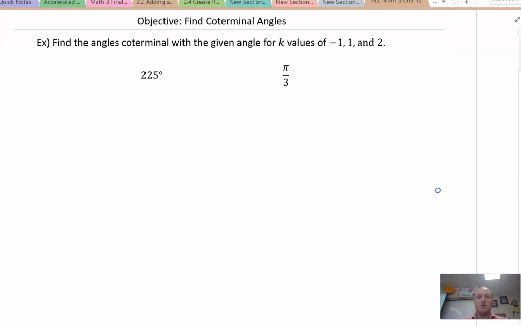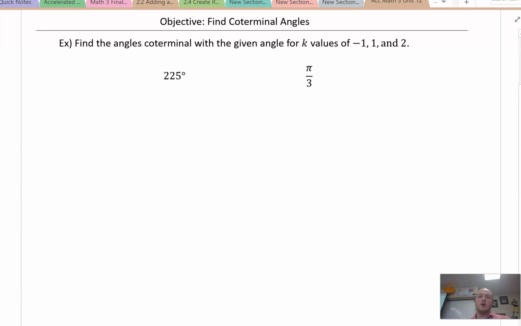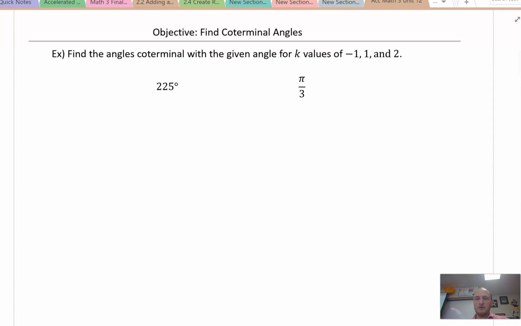All right, now they want us to find all angles coterminal with the given angle for k values of -1, 1, and 2. So what I'm going to do here is write my general expression. This is 225 degrees plus 360k degrees. That's my expression.